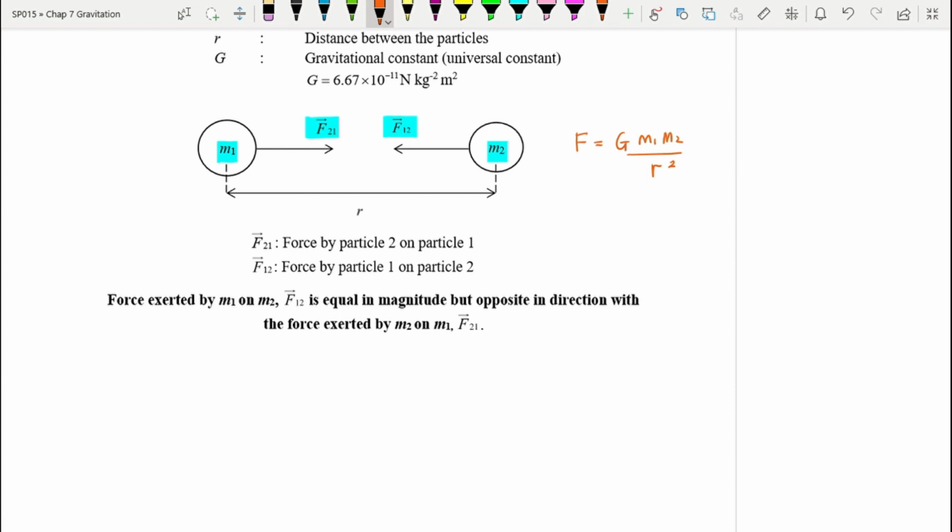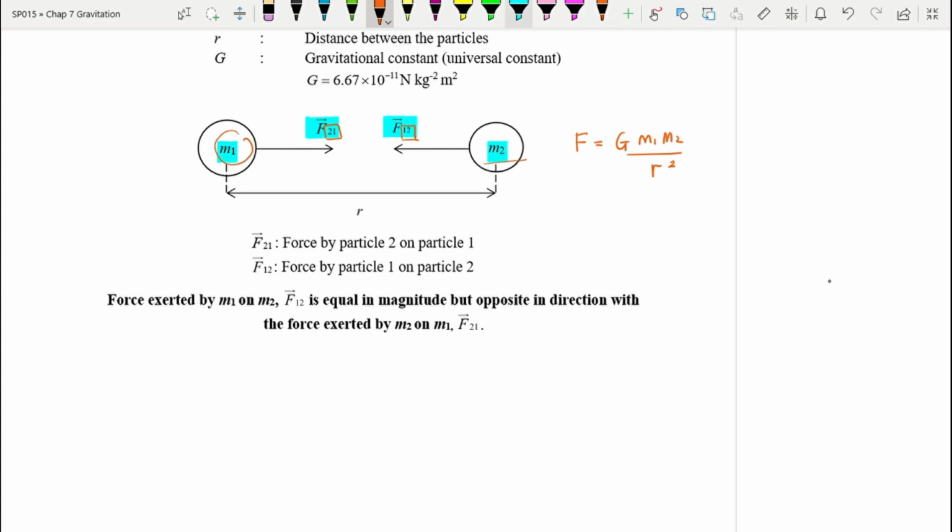Okay, kenapa dia menggunakan simbol 2 1 dan 1 2? Actually ini adalah labeling sahaja dan it depends on how you read that label. Contoh dalam case ini, dia label as 21 bermaksud force ini adalah force yang acted on one daripada siapa? Disebabkan wujudnya mass 2.